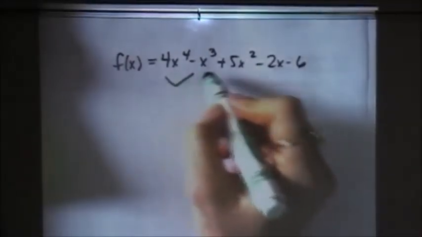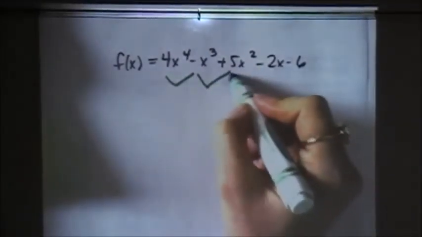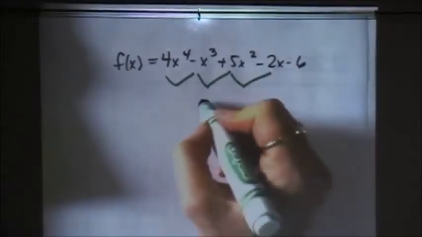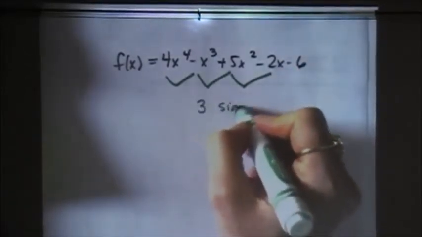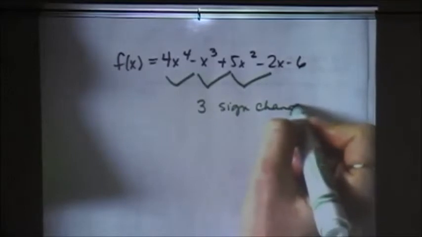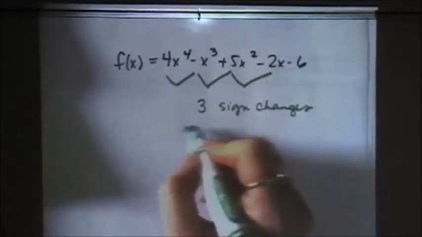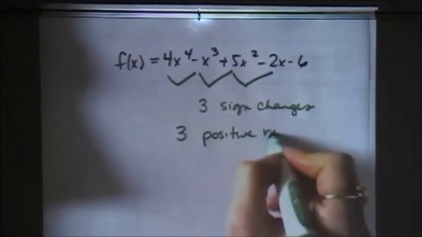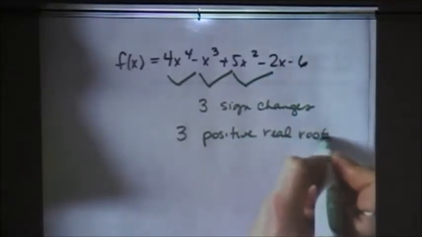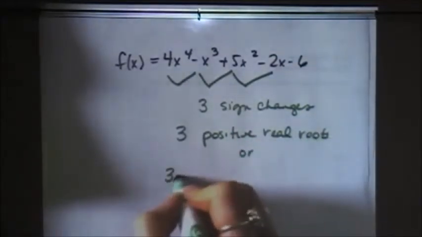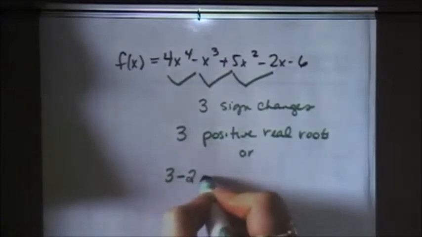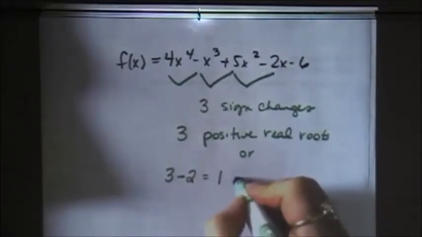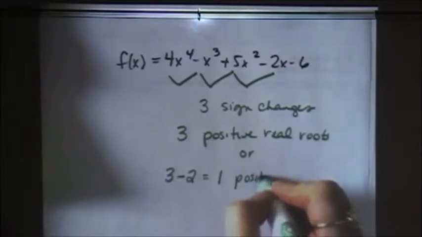So it switches here, again switches here, and then it stays. So there are 3 sign changes. So it's either 3 positive real roots, or it's 3 minus an even integer, so 3 minus 2. So it's either 3 or 1 positive real root.